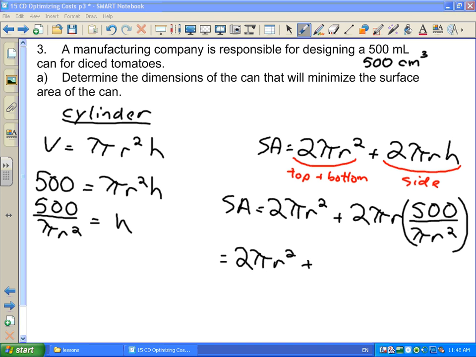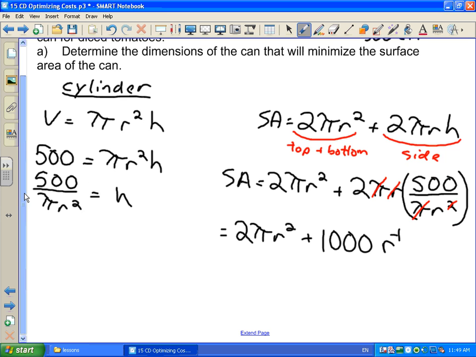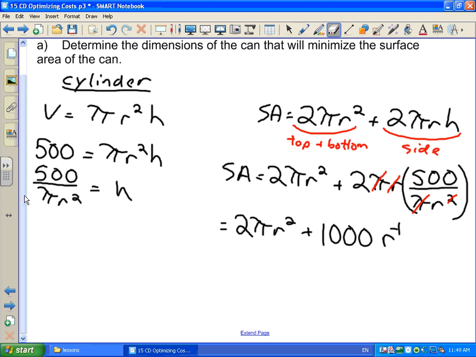And I notice that I can cancel out pi and one of my r's, so I'll be left with 500 over r. And 2 times 500 is just 1,000. I'll rewrite that 1 over r as r to the negative 1, because that's a good form to take the derivative.